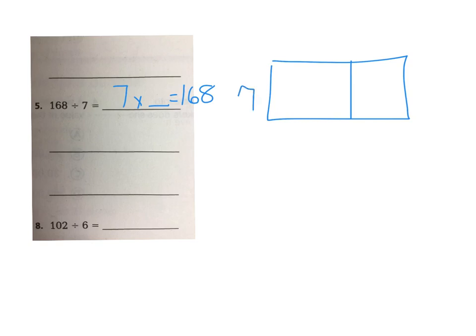Now we're going to ask 7 times what will give me a multiple right here that doesn't go over 168. So if we put 10, I know 7 times 10 is 70. Now that's really low compared to 168. So let's put 20. 7 times 20 is 140 because I know my basic facts.